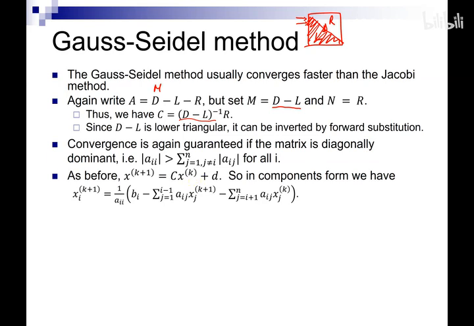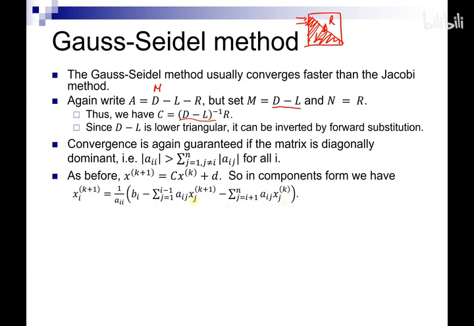We actually want to figure out all the components of x of k plus 1, so we want to write this in component form. By doing some operations similar to the Jacobi method, you can show that the ith component of x of k plus 1 is equal to this thing over here.